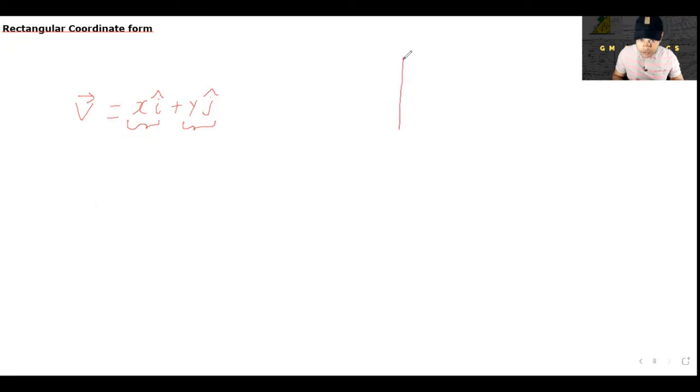So suppose this is my y-axis, and this is my x-axis. And for right now, for simplicity, let's suppose that both of these components are positive, means the vector is in the first quadrant. So I'll take the x component equal to x units. So suppose this is x units.